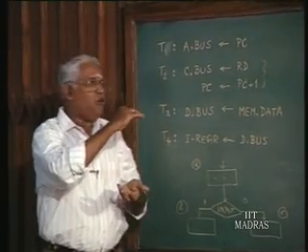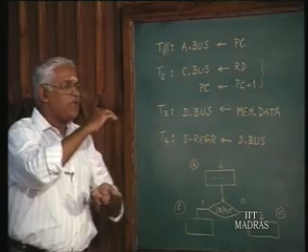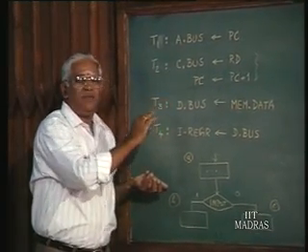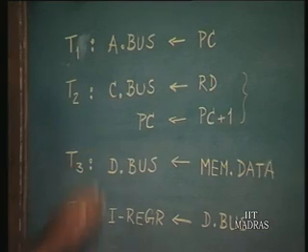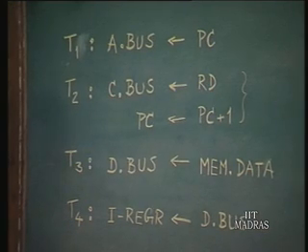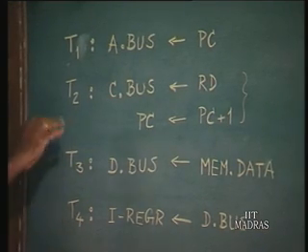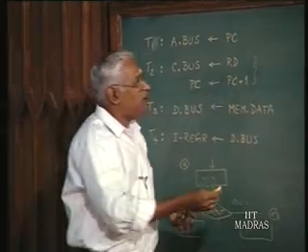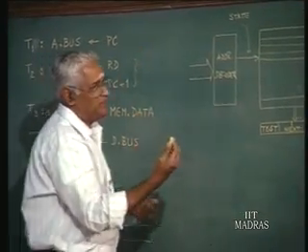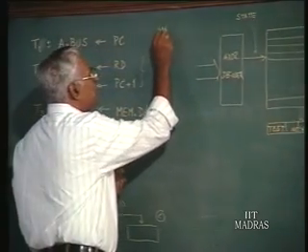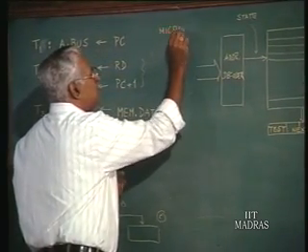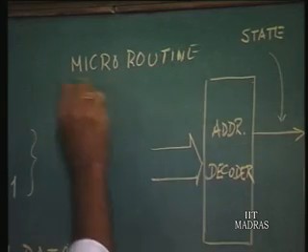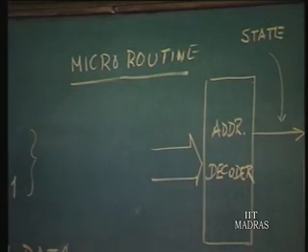Now, these 4, remember I was telling that it is a small step, and so we can even call each step a micro instruction, right? These 4 micro instructions together can form a micro routine.